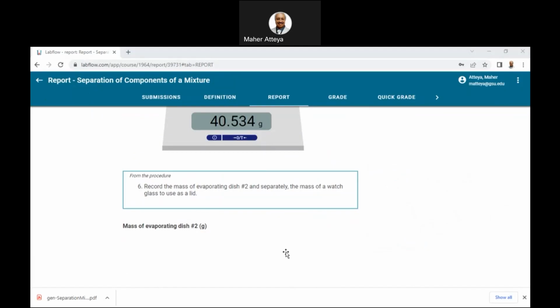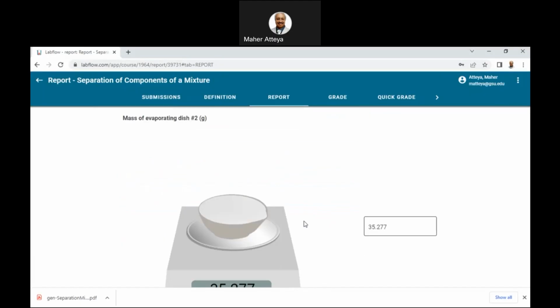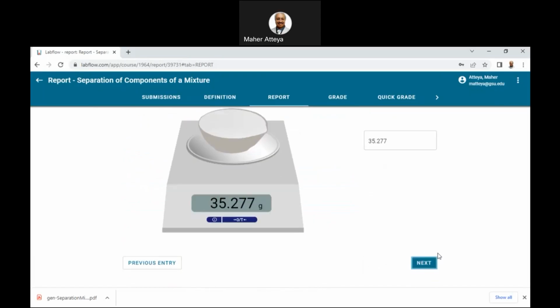Now weigh the crucible. Okay, 35 point. We did 35.277. We hit next.